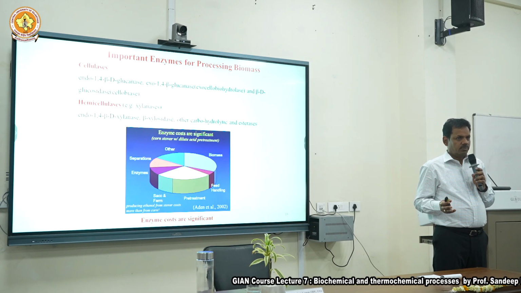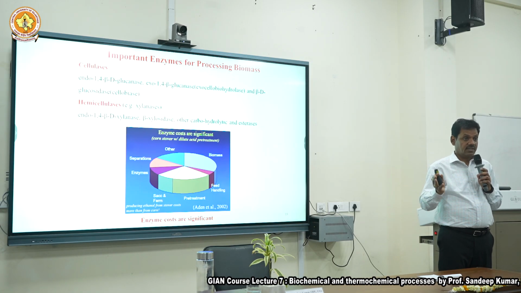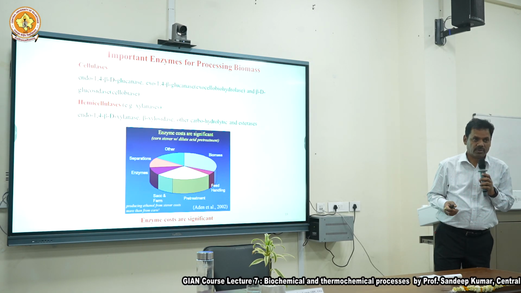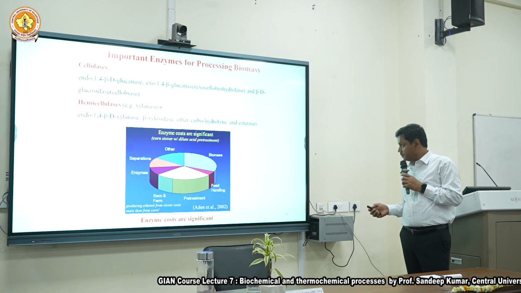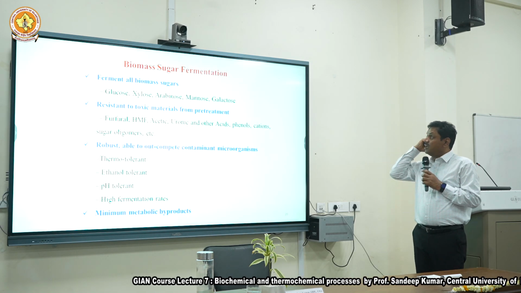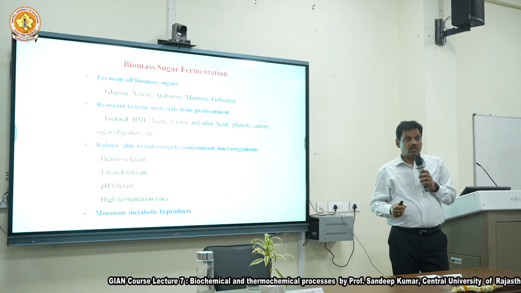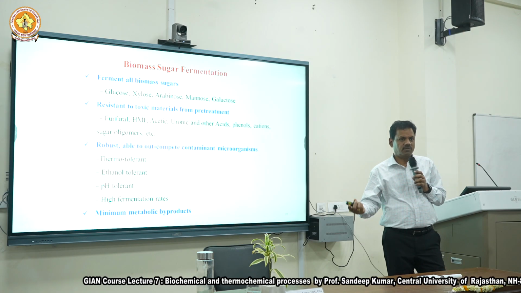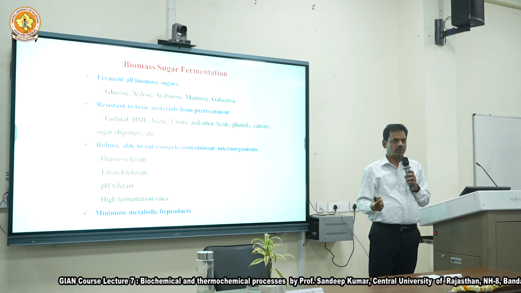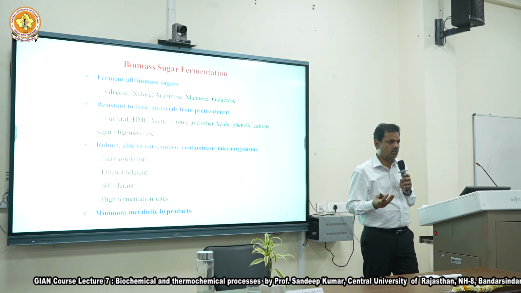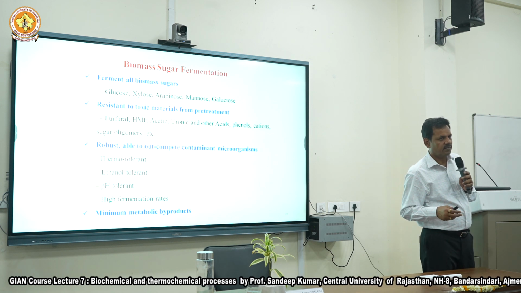Through our research contribution, can we start reducing that? That will be more important. It's a cocktail of enzymes, and you have to ferment all sugars, otherwise you are losing. How much sugar do you have in cellulosic biomass?